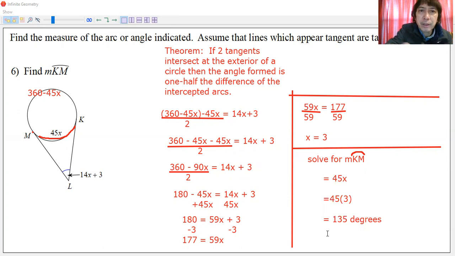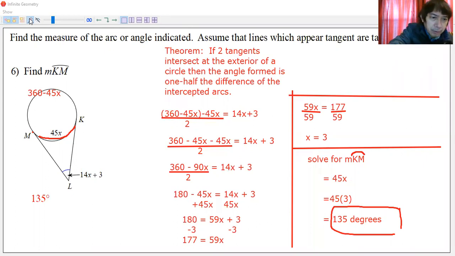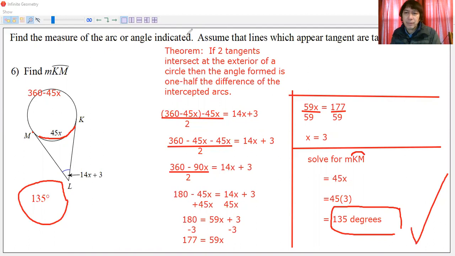All right, so that's it. That's our answer. Let's verify the answer near the diagram. Okay, you can see the answer at the diagram there. All right, so that's it for number 6. Let's continue with number 7.